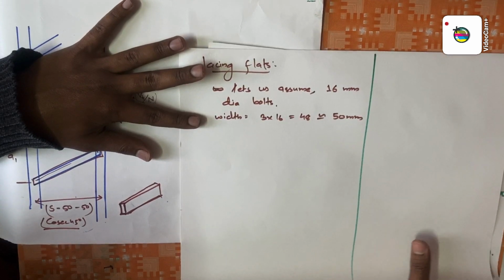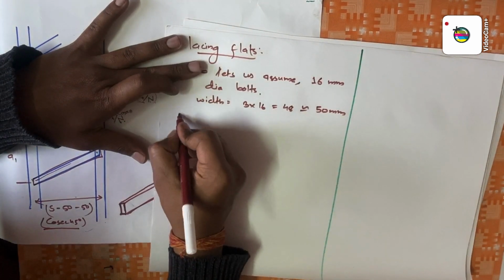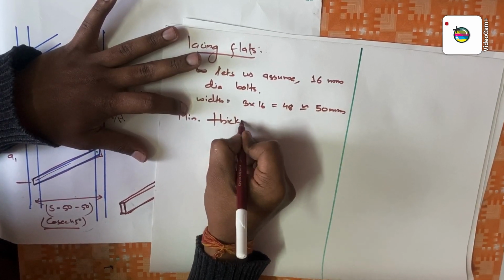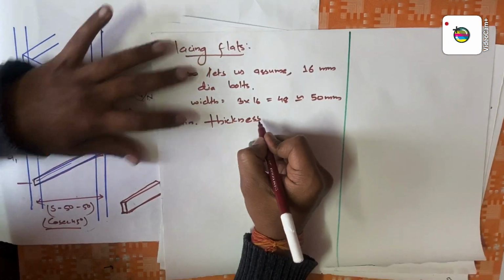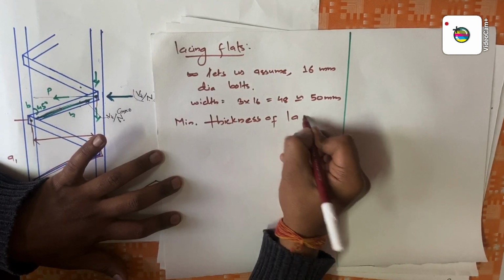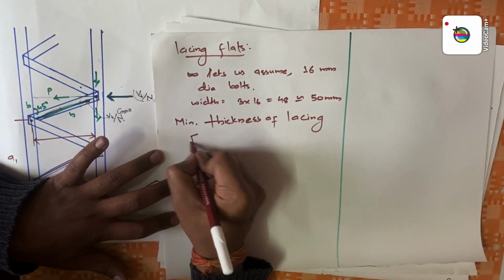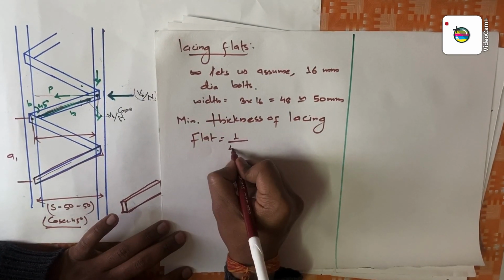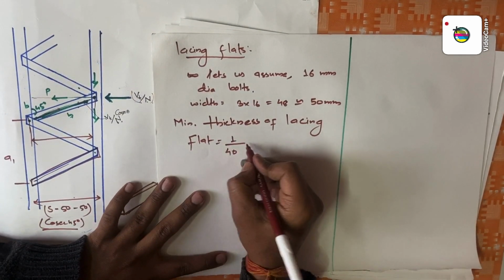Now I have to calculate the thickness of the lacing flat. So the minimum thickness of lacing flat is equal to, there is one formula, 1 by 40 of the distance from this bolt to this bolt, which is given by your code book only.